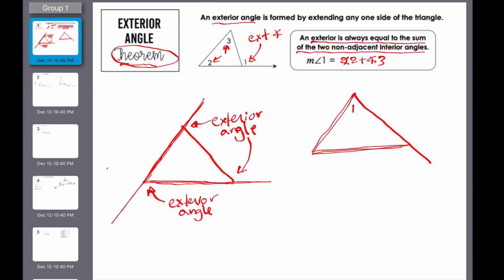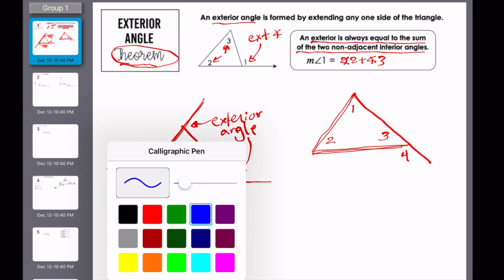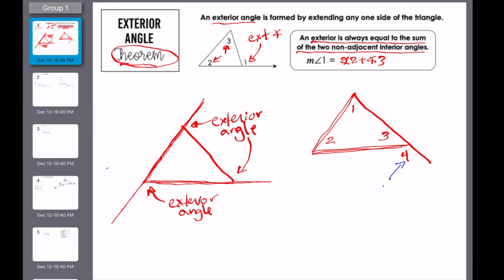So to look at another example, which angle is the exterior angle? Well, you would say that angle 4 is the exterior angle. So angle 4 is equal to the sum of the two interior angles that are non-adjacent.